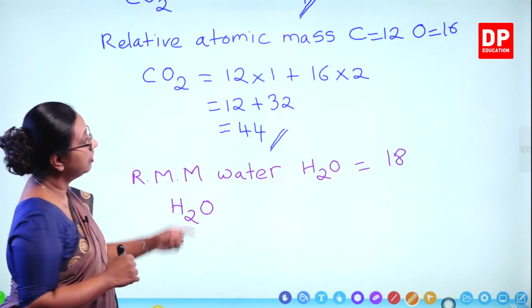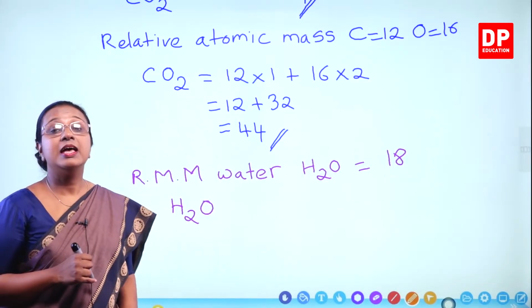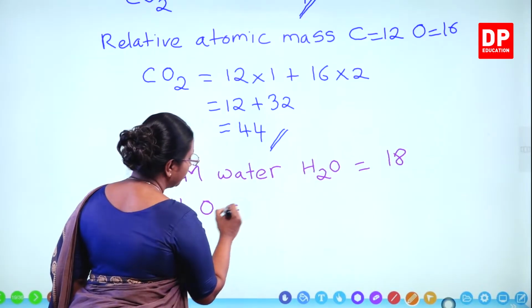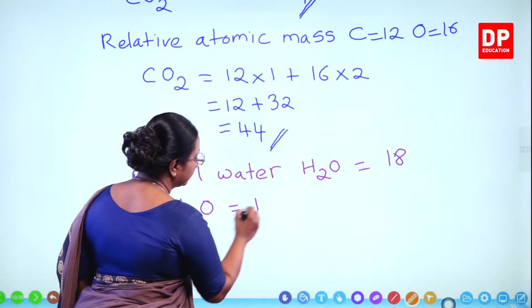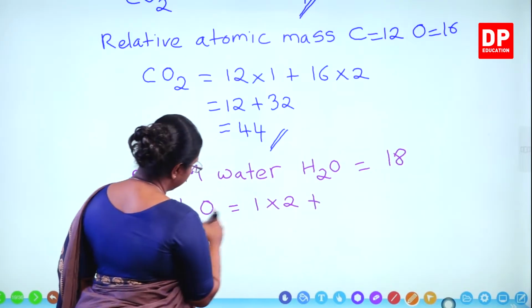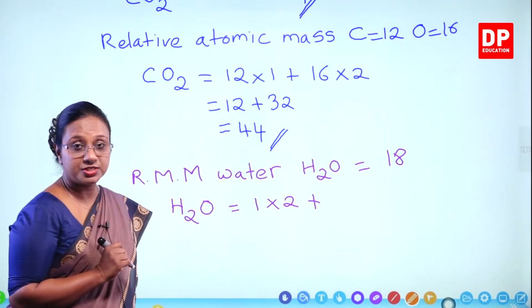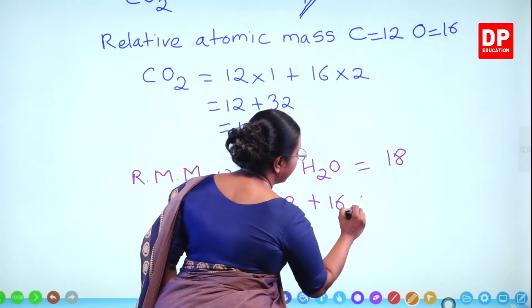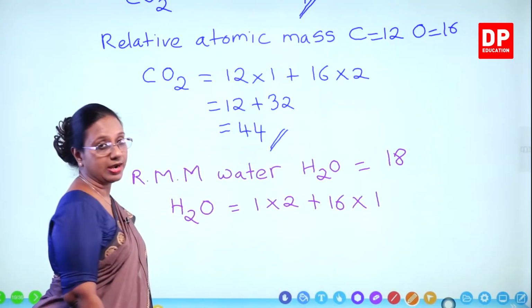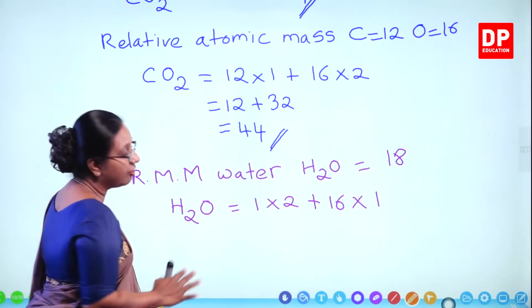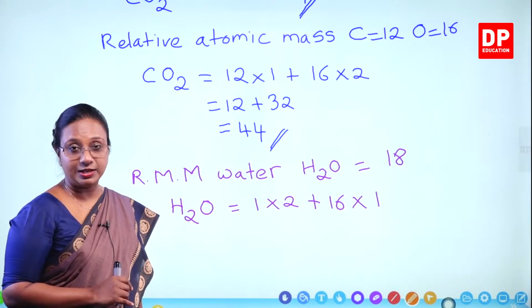And you know hydrogen has relative atomic mass 1. So then what do we do? We write 1 here, multiplied by 2, plus there is only 1 oxygen. So we write 16 and multiply that by 1. You don't have to multiply.